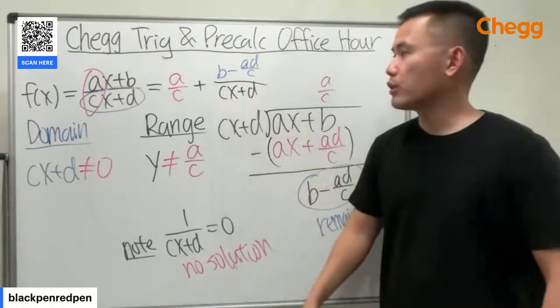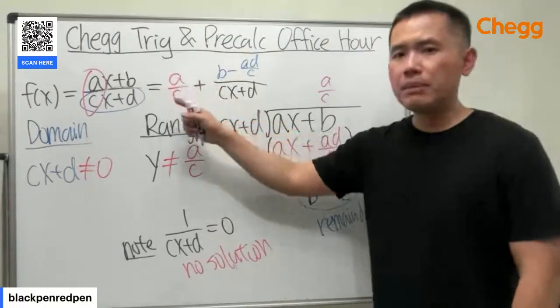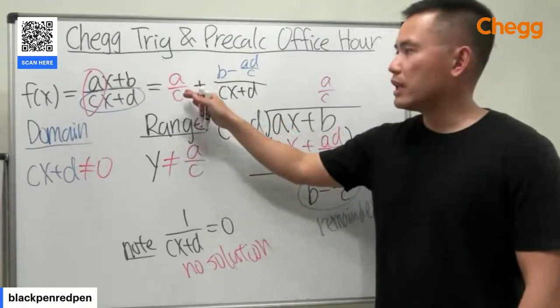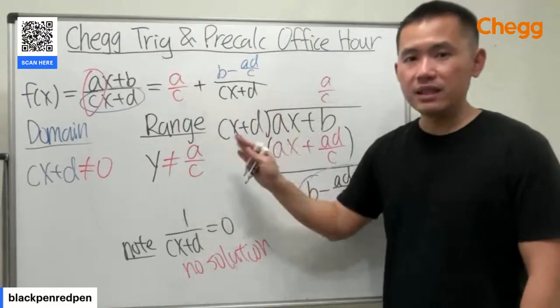So the final thing that you are going to get is that you have this portion, but you will never be able to reach that. That's why the y value will not include A over C, but anything else is okay.